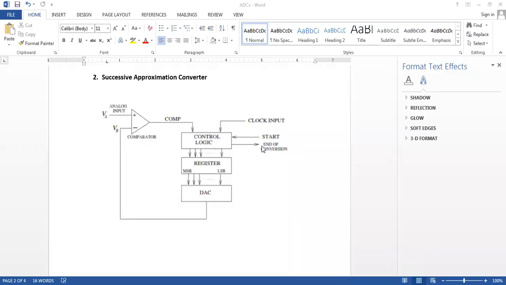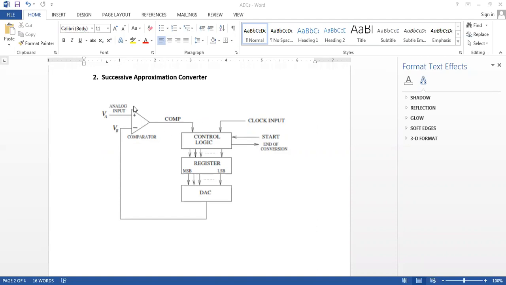The second type of the ADC is what we call the successive approximation converter. And this is the construction of the successive approximation converter.